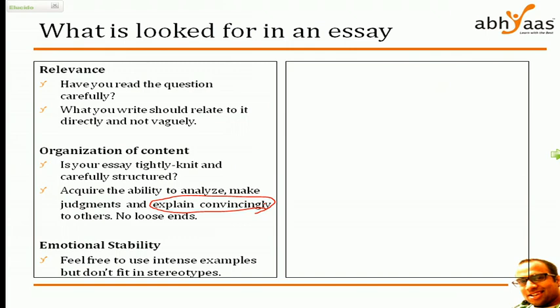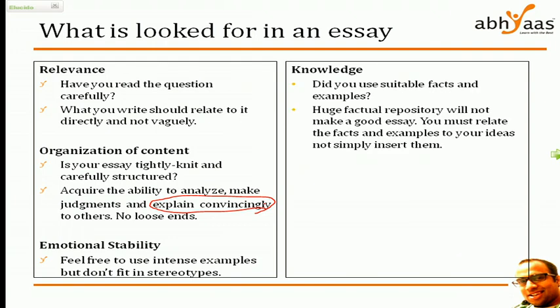So your emotional stability is important. If a topic is very sensitive, like for example, something to do with religion, something to do with your affiliation with a certain ideology, whatever it be, this essay is not a platform for an emotional outburst.